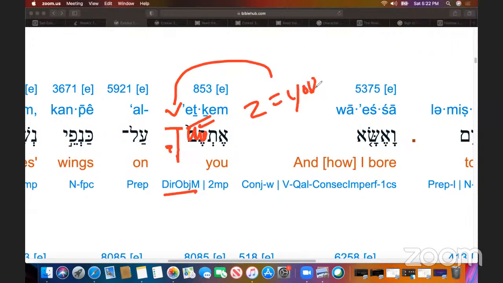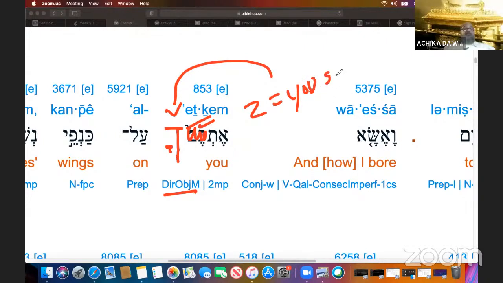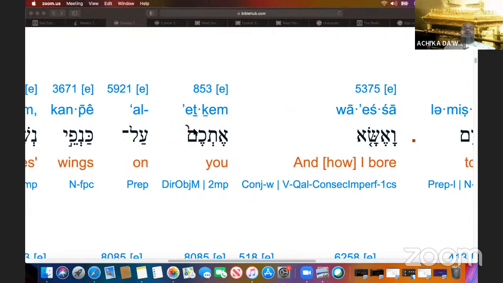And it can be singular or it can be plural, like we've got right here. See, so they've got you right here. And when people read this, they think you might be talking to one individual. So this is a compound word. The kha right there is masculine. If I got rid of this and put a kaf with two dots right here, because it's still you, it's just a different form, am I talking to a masculine or a feminine? Feminine. I'm talking to feminine.